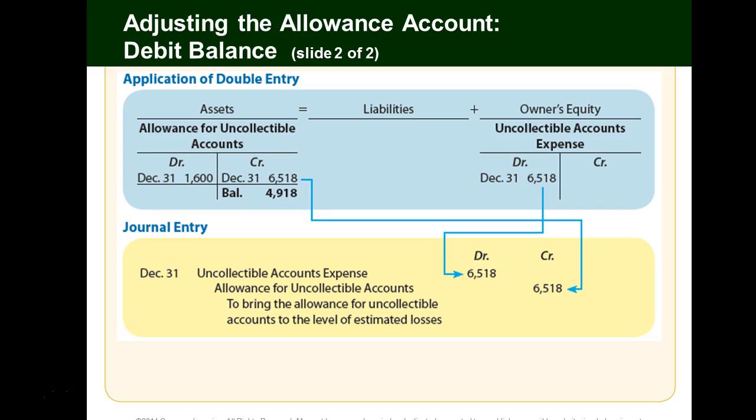Does that make sense? Is it normally a credit? It's normally a credit balance. But in this case, if it's a debit balance, in order to get our credit balance up to $4,918, we're going to have to credit this for the $4,918 plus the $1,600 in order to get our balance where we want it to be. Okay?